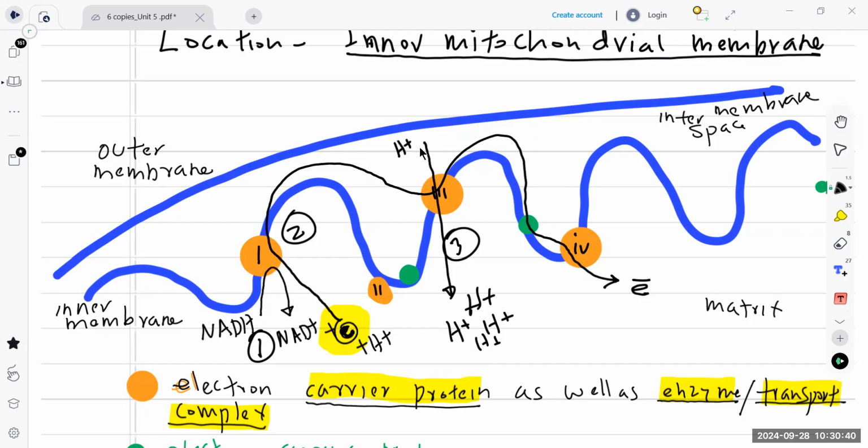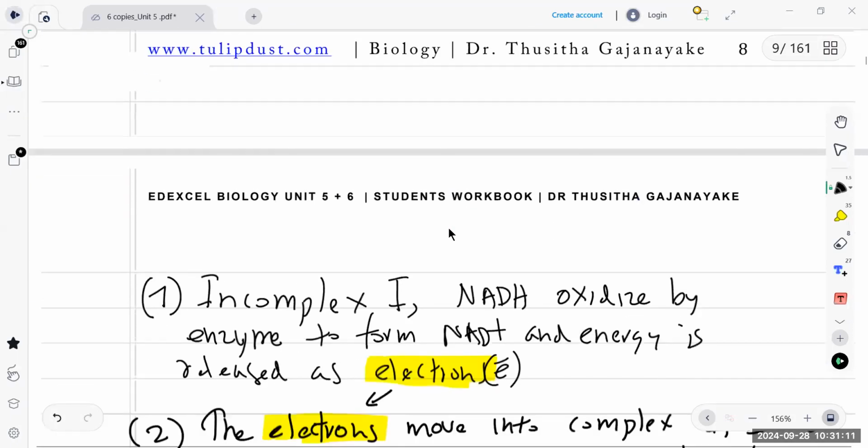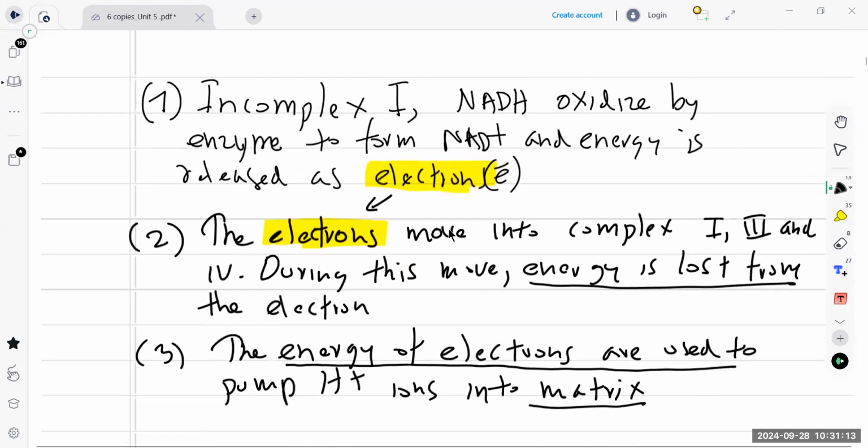From the intermembrane space to the matrix, hydrogen ions are pumped in by using this energy. You can also show it in the diagram, and we have to continue from next week.